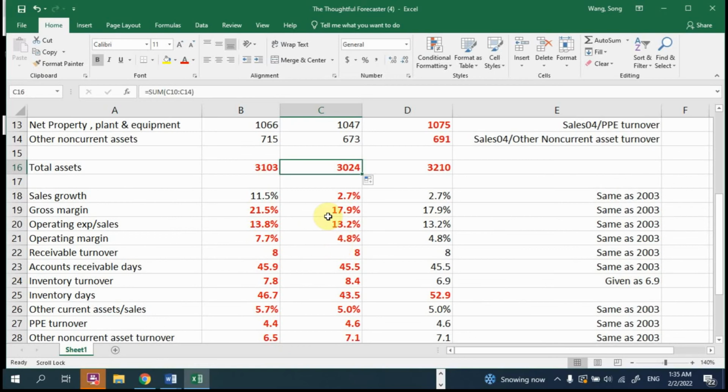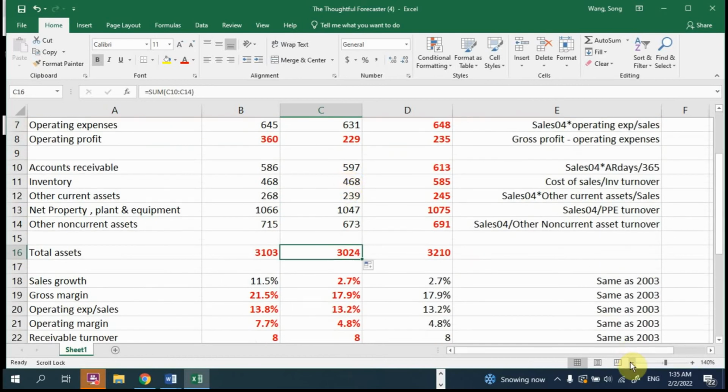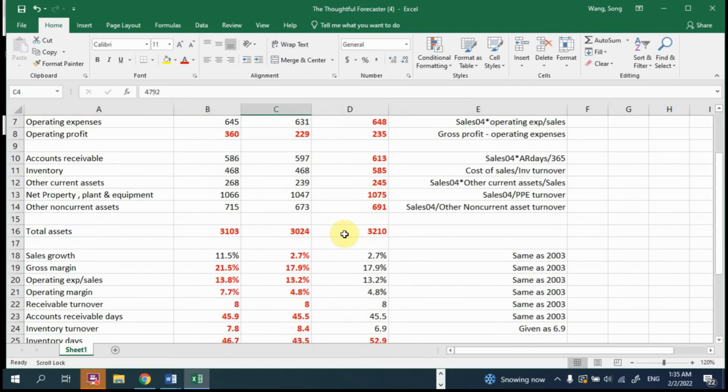For the sales growth, that asks you to calculate how much your sales grow from last year to this year. You see the number goes from 4666 to 4792, an increase, but I want you to give me the percentage.